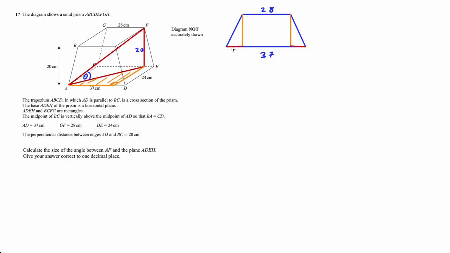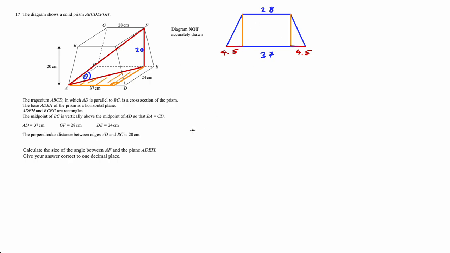This plus this is 9. So this is actually 4.5, and this is 4.5. Because 28 plus 4.5 plus 4.5 gives me the 37. So that's this little bit here. So that length there of this triangle is not 37, it's actually 37 minus 4.5.